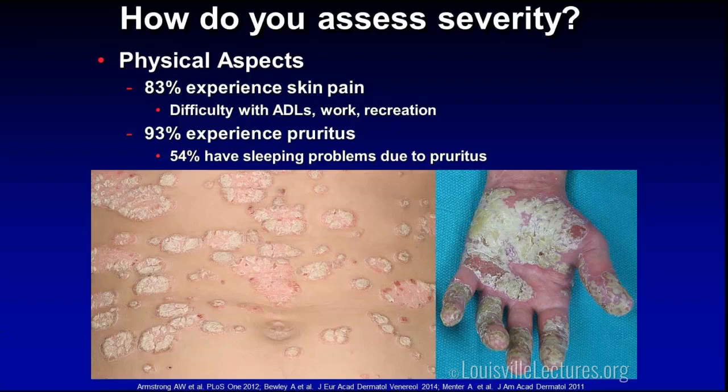So you can imagine that a patient can have mild disease, less than 3% body surface area, but if it's on the palms and soles, that may affect the patient's ability to participate in recreational activities, their ability to work, and again, even their ability to perform activities of daily living. And certainly I think we would all consider that to be severe disease despite having a low body surface area involvement.